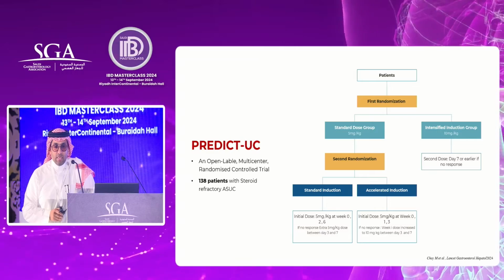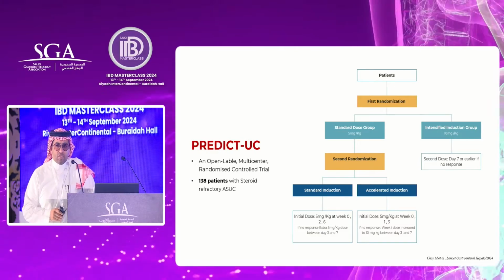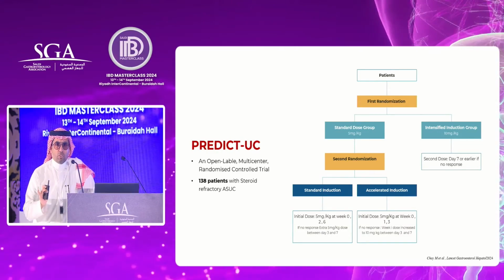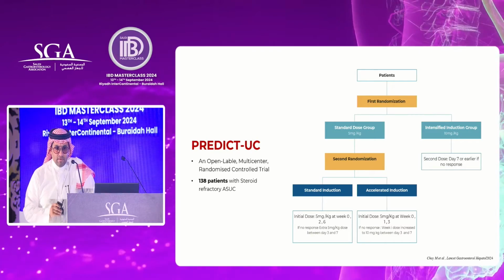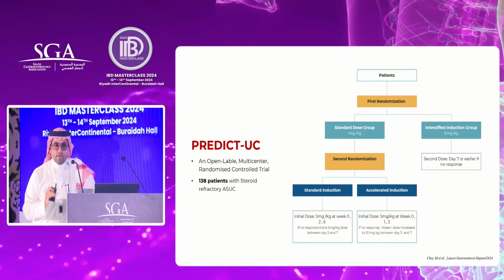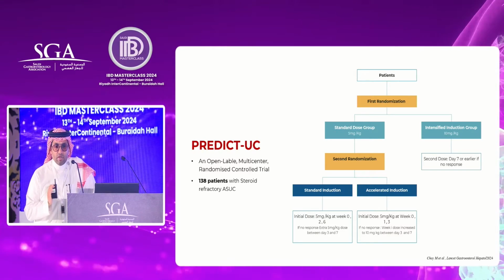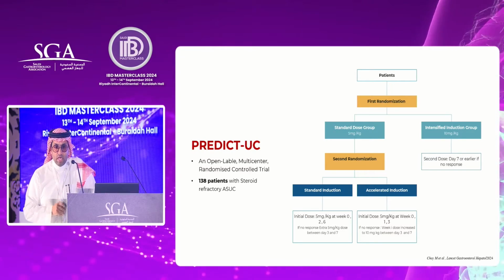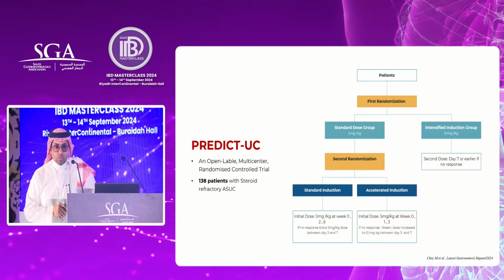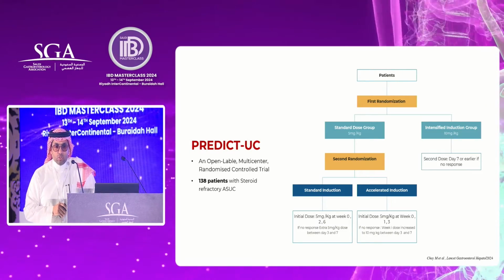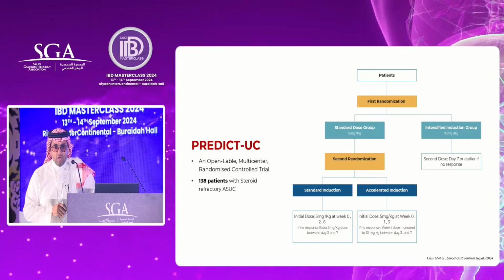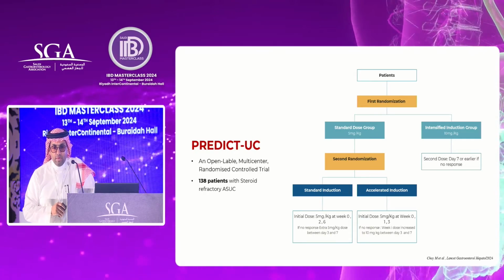As you can see here from the study design, this is one of the most complex study designs. They start with the first randomization of the patients. They divide them into two groups, the standard dose and the intensified dose. In the standard dose, they give 5 milligram per kg, while in the intensified, they give 10 milligram.